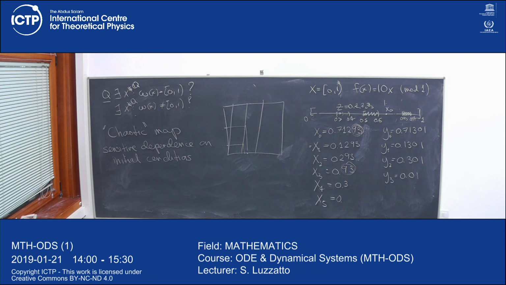There's the famous story of the butterfly. You know the story of the butterfly that flaps its wings. There's an anecdote that says a butterfly flaps its wings in Brazil, and then 1 week later there's a tornado in Florida. Okay? It's not, of course, exactly like that, but it is pointing this out.